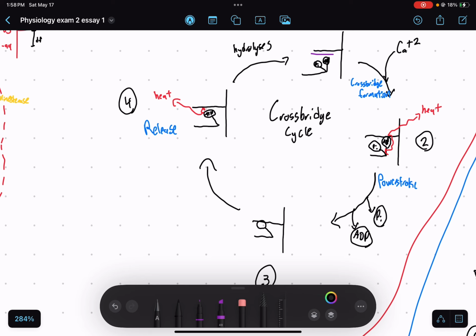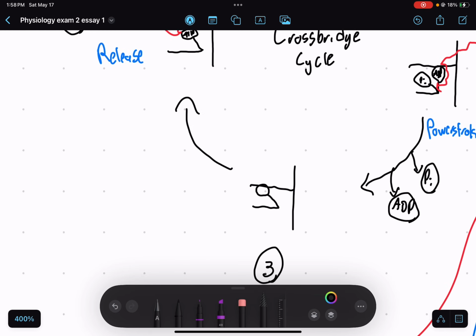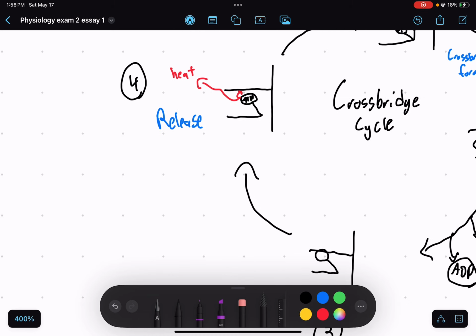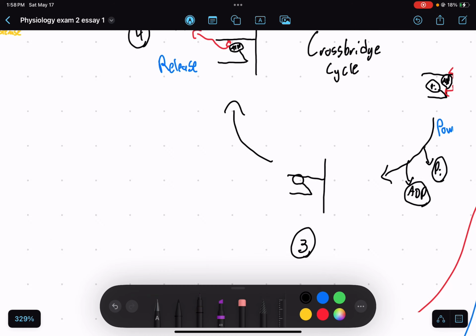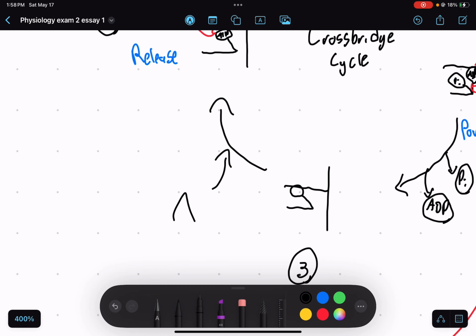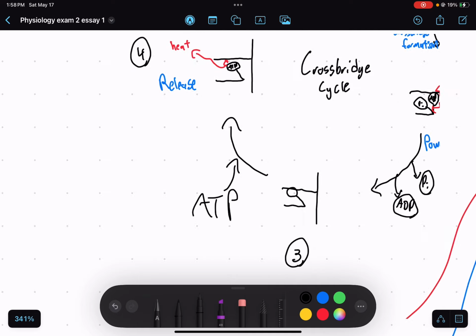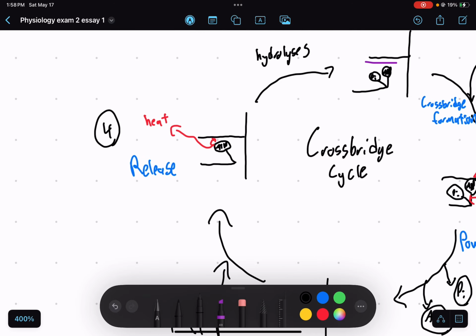And then as that occurs, that ADP has fallen off, which means that there's nothing in that area anymore, allowing ATP to then come in. Let me just draw that in real quick. So ATP comes in and enters into that site. And whenever ATP does come in, it's going to form bonds, and so therefore it must release heat.